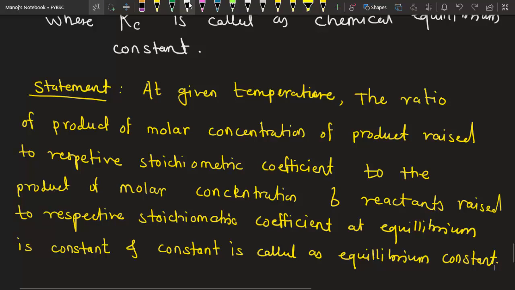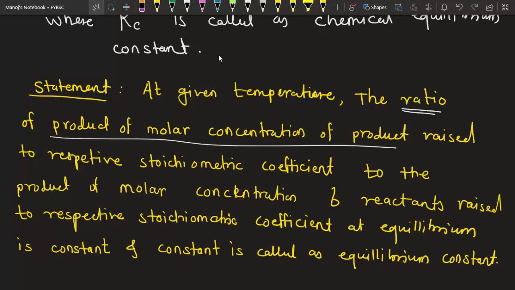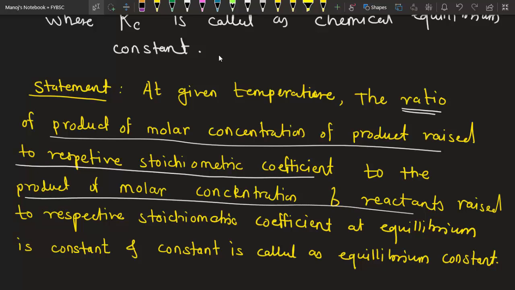The statement says that at a given temperature, the ratio of the product of molar concentration of products raised to respective stoichiometric coefficients to the product of molar concentration of the reactants raised to respective stoichiometric coefficients at equilibrium is always constant, and the constant is called the equilibrium constant.